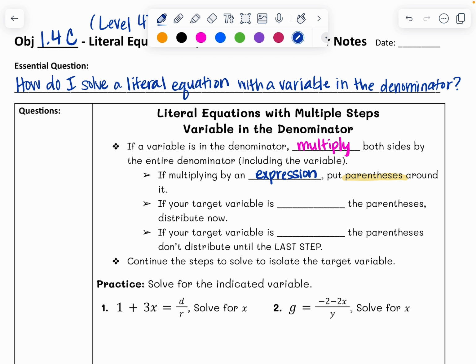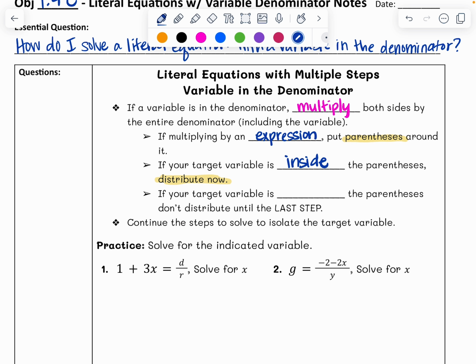If your target variable, the one you've highlighted, is inside the parentheses, you need to distribute now at this point in your steps. But if your target variable is outside the parentheses, then you're going to hold off on distributing until the last step.